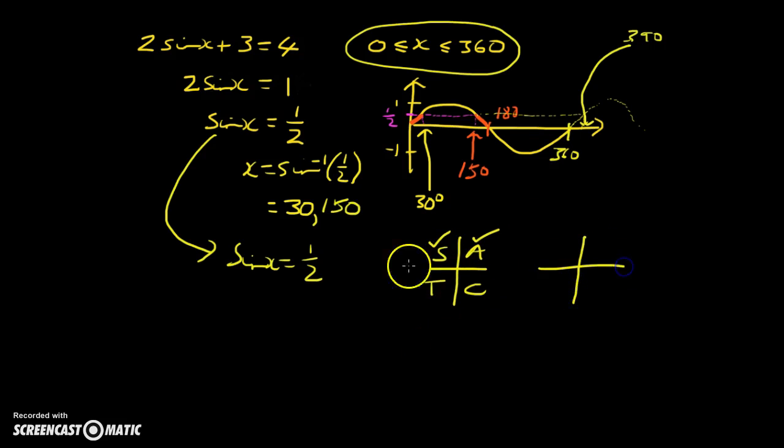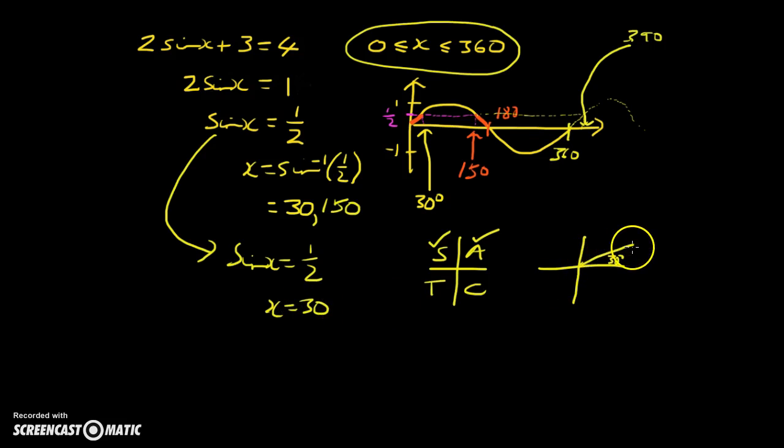So the way we do this is we do inverse sine again. We'd get 30 degrees, so that's our solution here. If I draw a little line there, that's 30 degrees. And to get this second solution, trig's always based around the x-axis, and this thing we call a related acute angle.